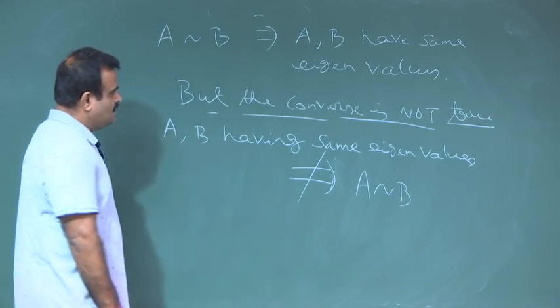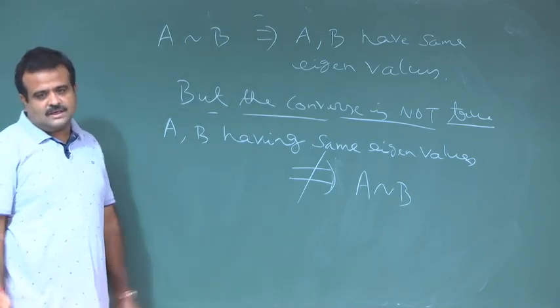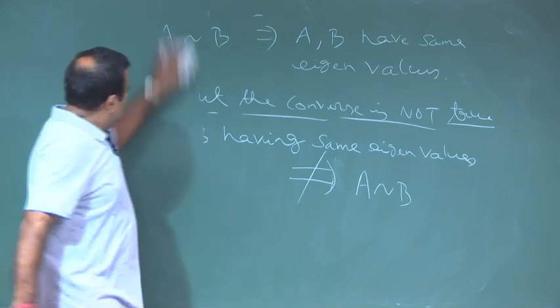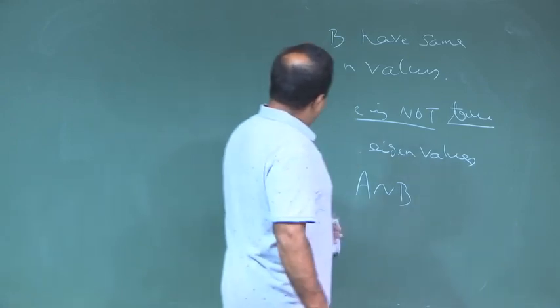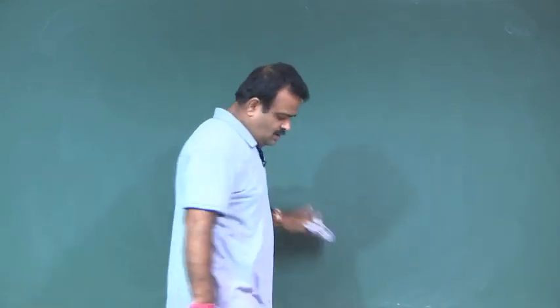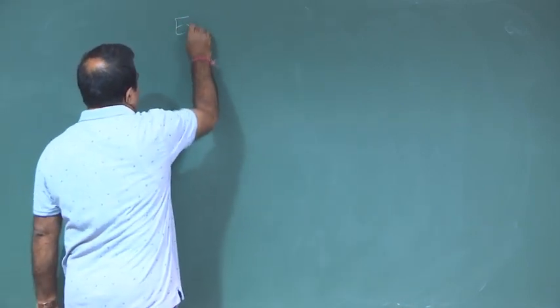How to prove this? This is a counter example. So let us take two matrices A, B where the eigenvalues are the same, but they are not similar. We take one example of such A, B.